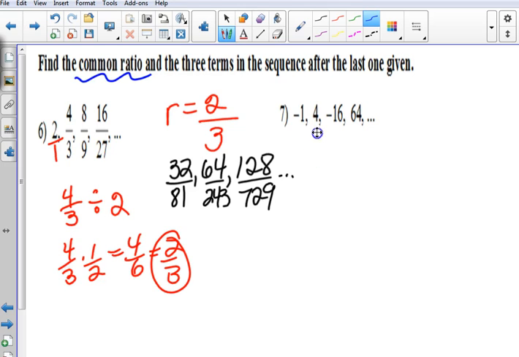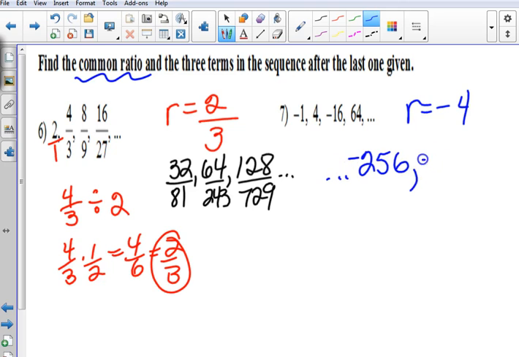All right. What do I notice as soon as I see that it's going negative, positive, negative, positive, negative, positive? R is going to be negative. Okay. What do they multiply by? Negative 4. I can pick any one, divided by the previous one, I get negative 4. Okay, might need help. The next one times negative 4 is negative 256.